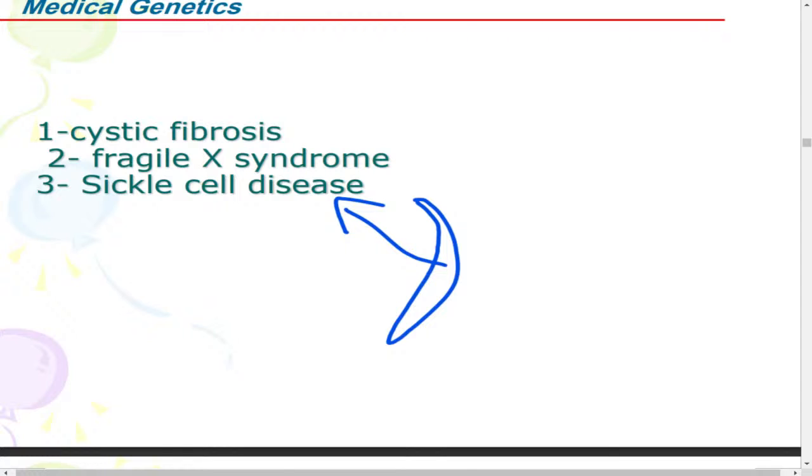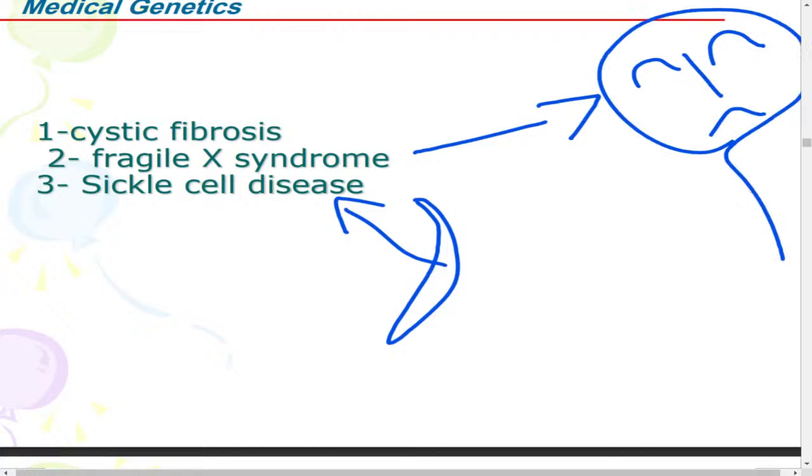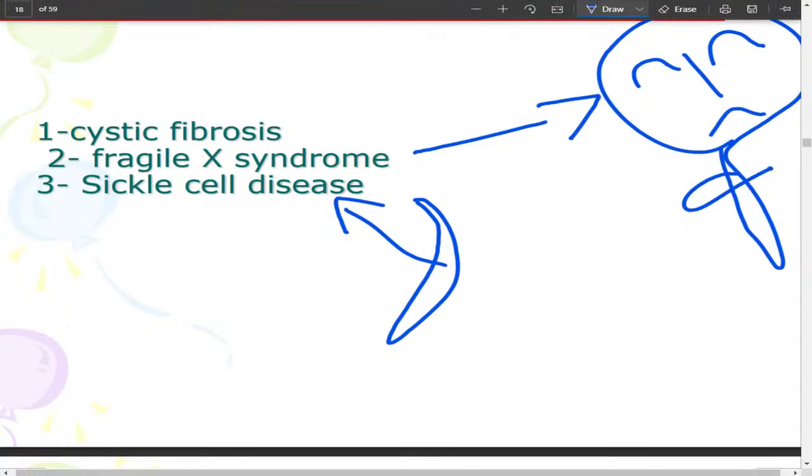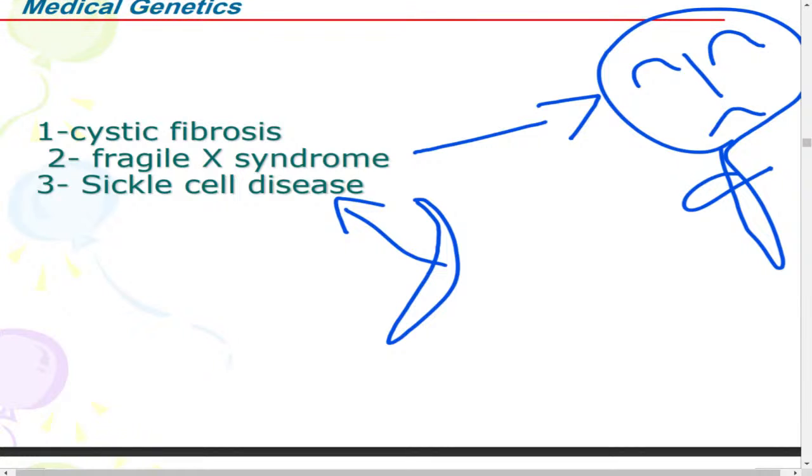Then Fragile X syndrome, this weak, fragile syndrome, the people will become weak or weaker. Then we have cystic fibrosis. Cysts will be formed, which could cause fibrosis in the human body.